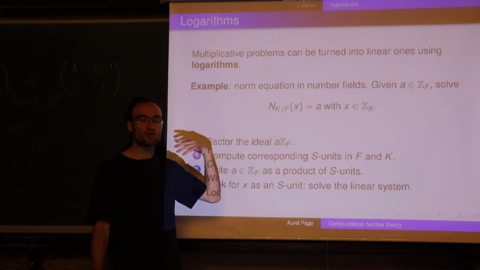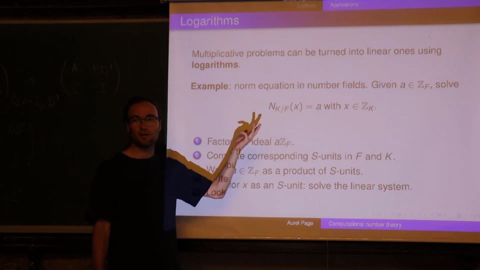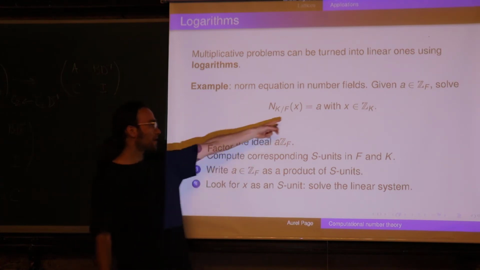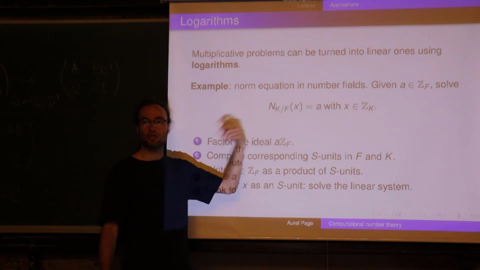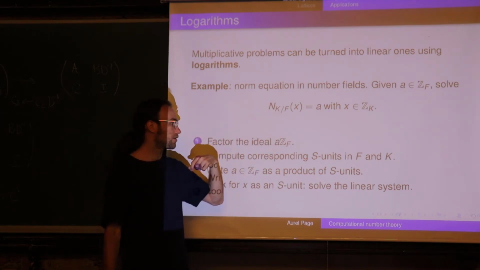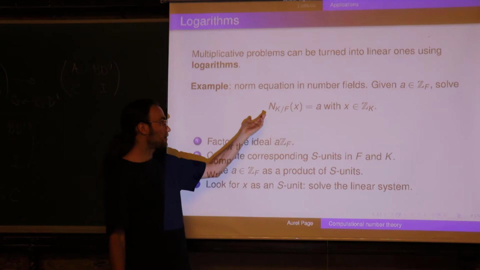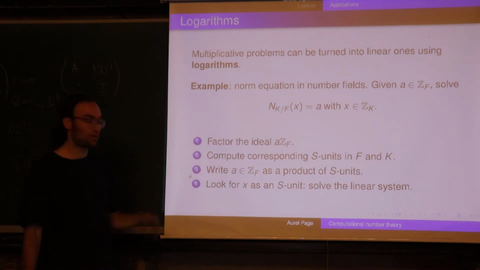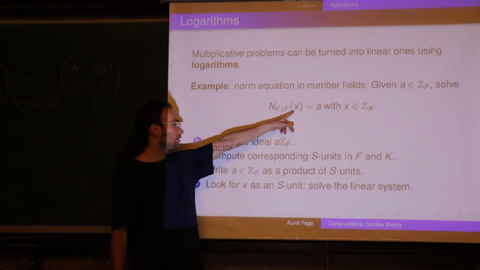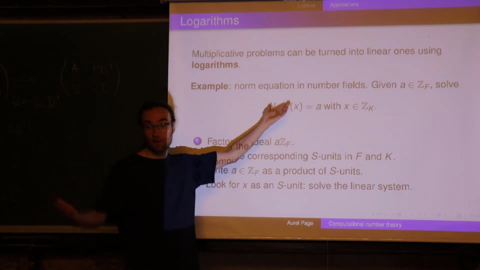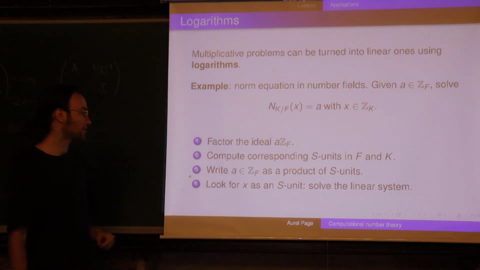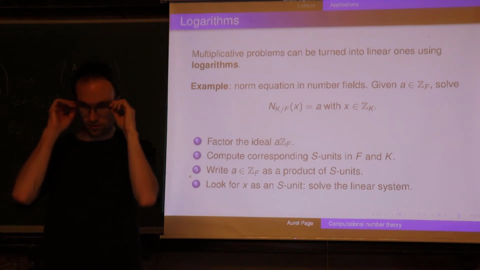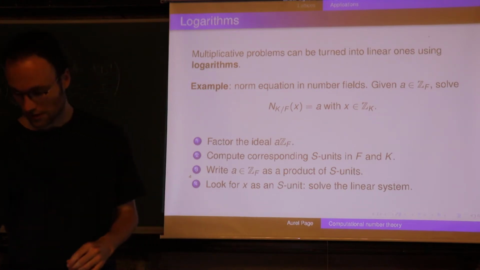So you will look for the coefficients of the expression of x in terms of the generators of the S-units of K. And that will give you a linear system that you can solve simply using linear algebra. And that gives you a way of finding the solution x if it exists. Sometimes it doesn't exist. Okay, so this is one possible use of logarithms.